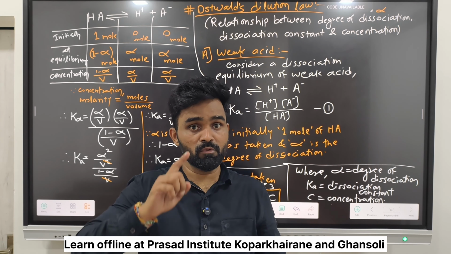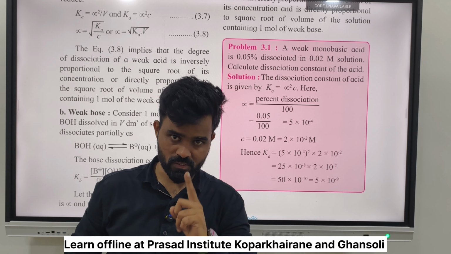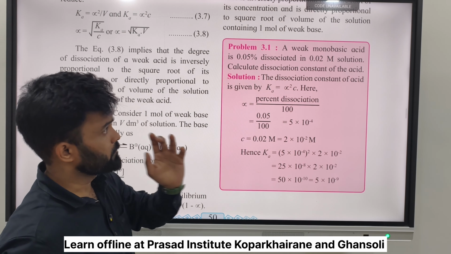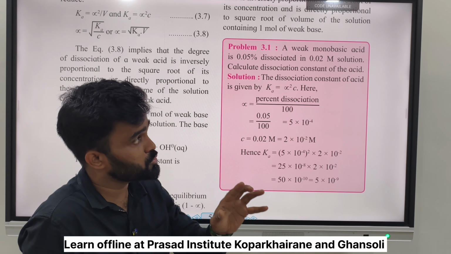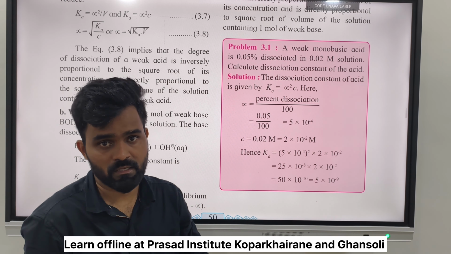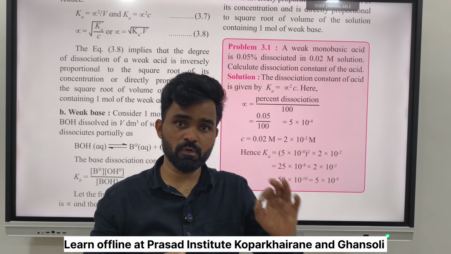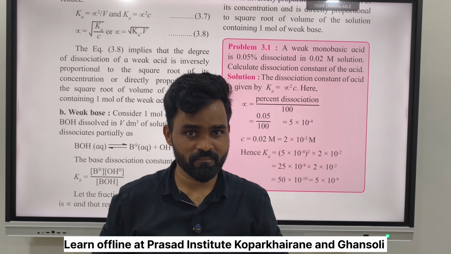Are we okay? Take a screenshot or write it down, pause the video and write it now. Then we will solve some numericals on this topic. Okay, quickly. Textbook page number 50, problem number 3.1, solved example. Now question number 1: 3.1 is a weak monobasic acid is 0.05% dissociated in 0.02 molar solution. Calculate dissociation constant of the acid. If you have followed my previous videos, you know that we have a pattern of solving numericals.